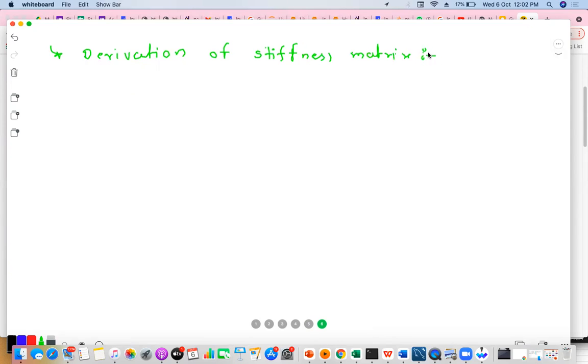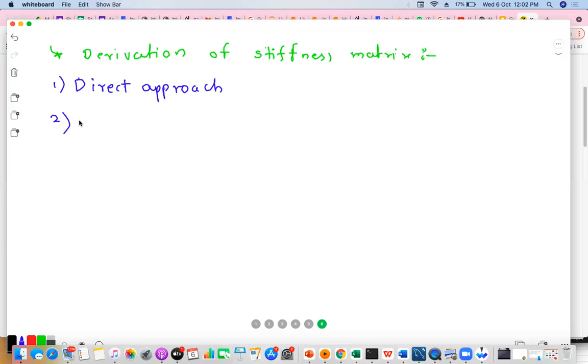Now, in this, we have three different methods or three different approaches which we can use. First is the direct approach.